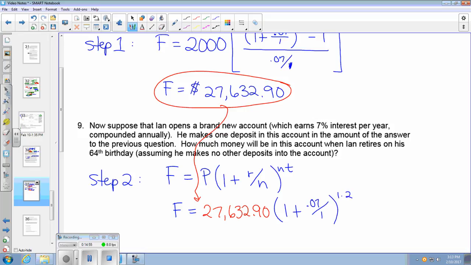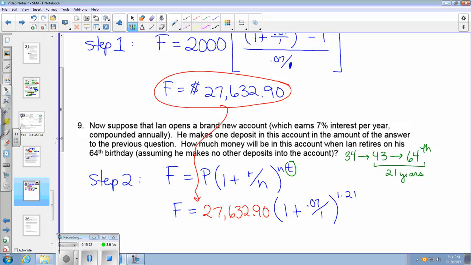To the power of 21. All right, so the first question is, where did the 21 come from? Remember, he started on his 34th birthday, and he did this for a total of 10 years. This means he stopped on his 43rd birthday. And now he's going to his 64th birthday. So this is a total of 21 years that he's going to let that money grow.